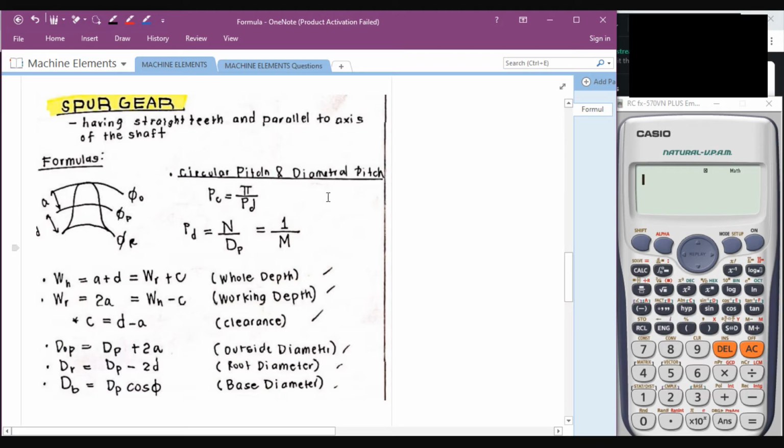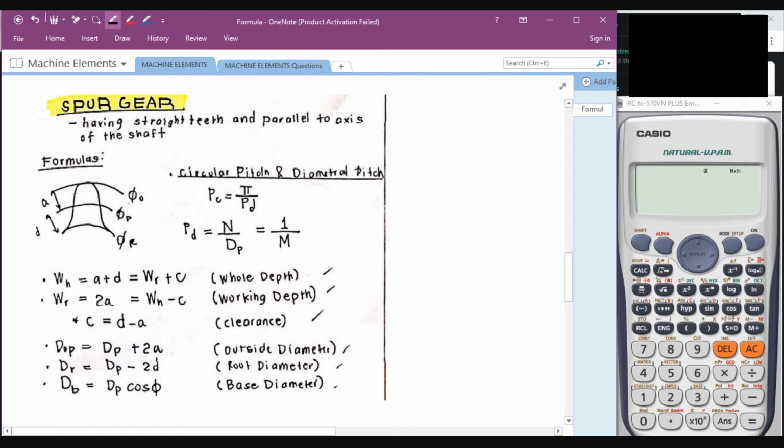How do we name the different pitches here? But first, we go to the mnemonics, the nomenclature for our gears. Let us state the most basic ones. From your pitch diameter to your outside diameter, or from your outside diameter to your pitch diameter, what do you call that?